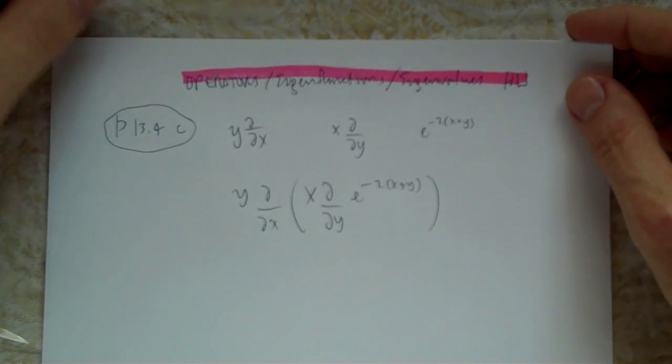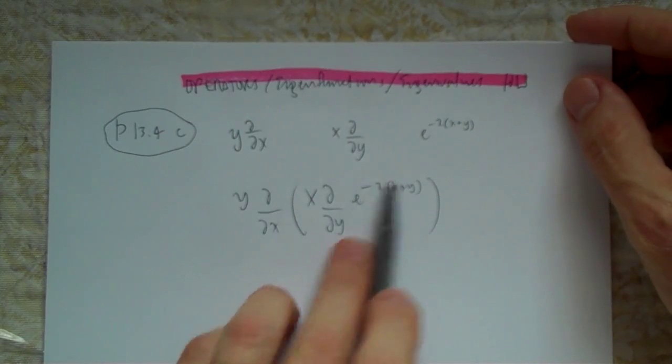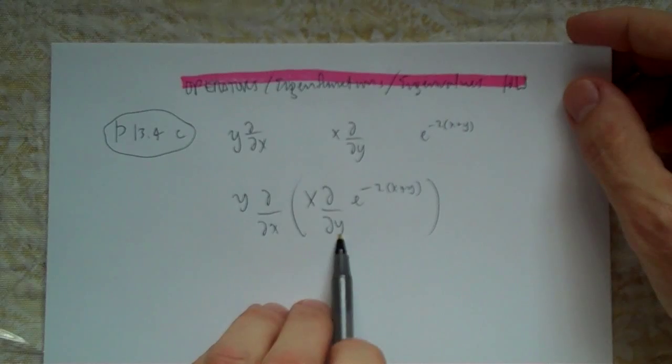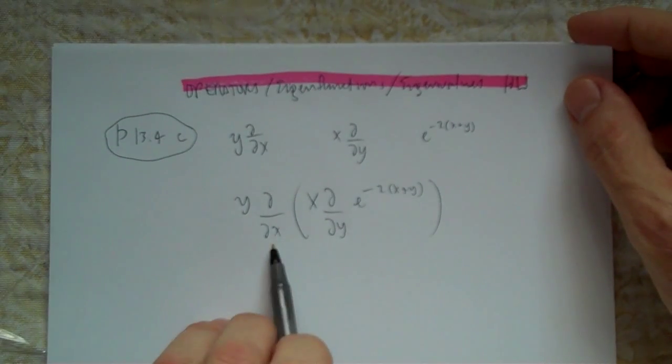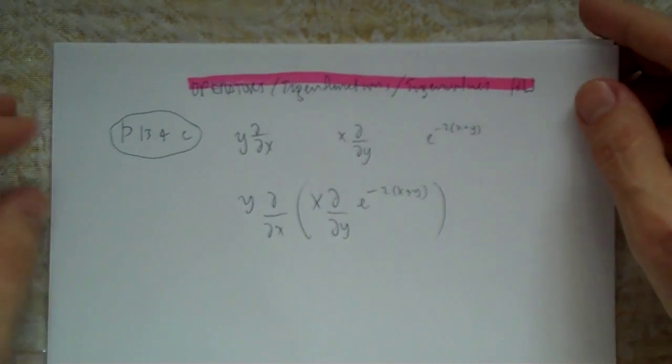It's the same thing. So let's go one at a time. First of all, we're going to differentiate this mess with respect to y, then we multiply it by x, and then we differentiate that whole mess with respect to x, and then we multiply the whole thing by y, and that'll be our answer.